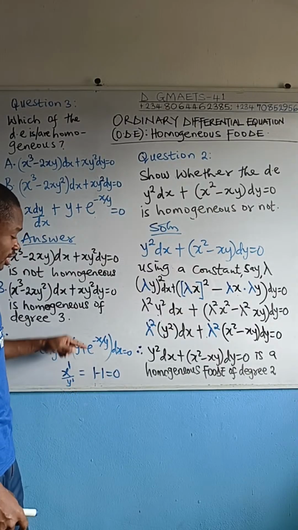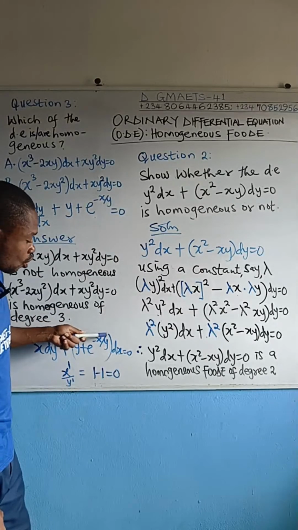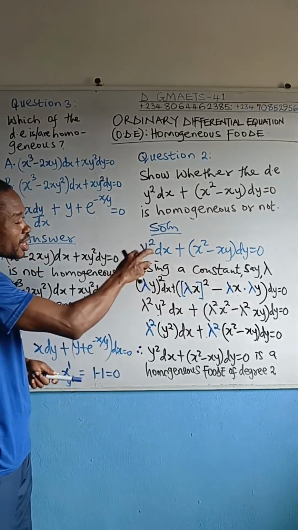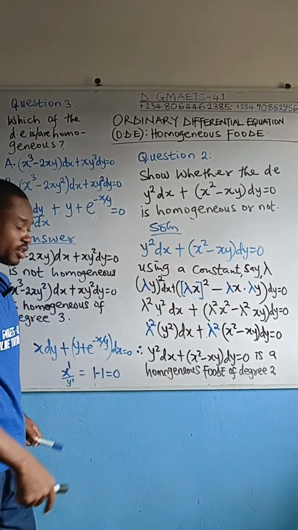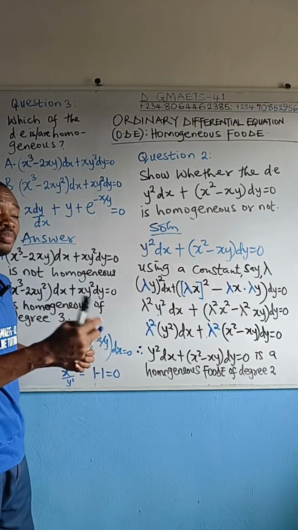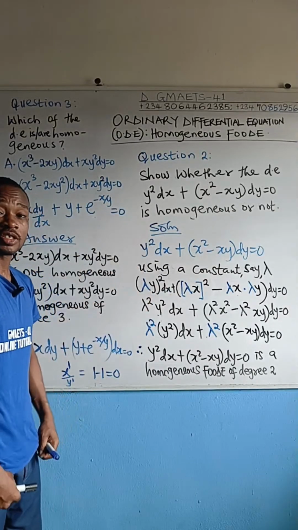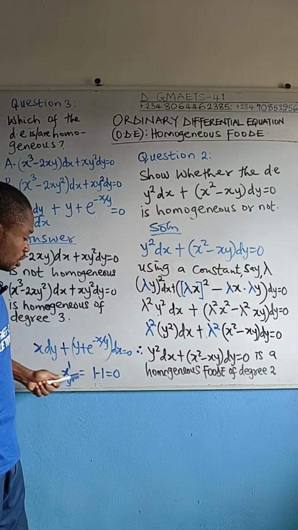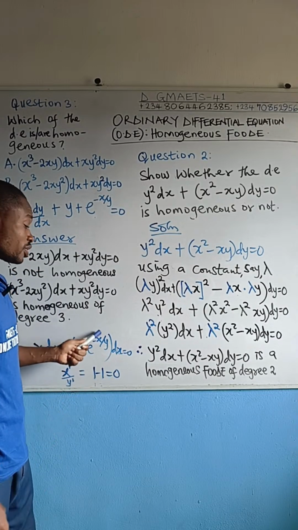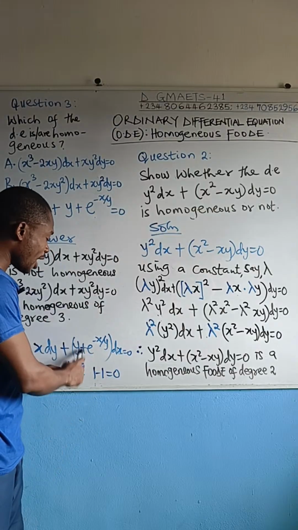Remember what I explained here. This is x raised to power 1 over y raised to power 1. Just as we handled this when we added the powers, because you're multiplying the variables, here, as you're dividing the variables, you adopt the division law of indices, where you subtract the powers. 1 minus 1 will give you 0. So you have exponential 0, which is 1. So this whole term becomes a constant.